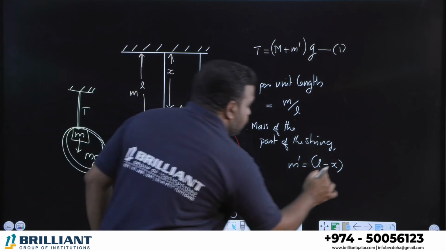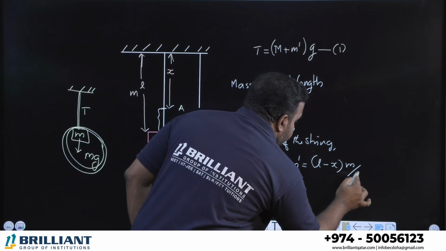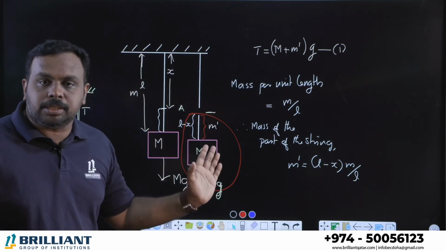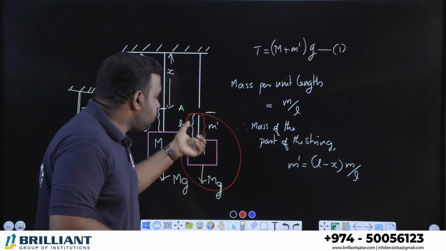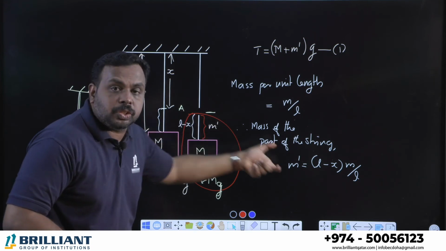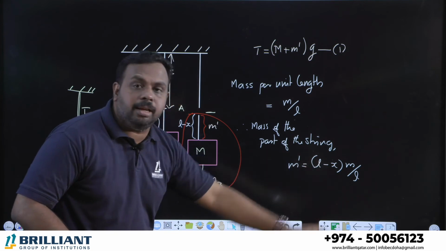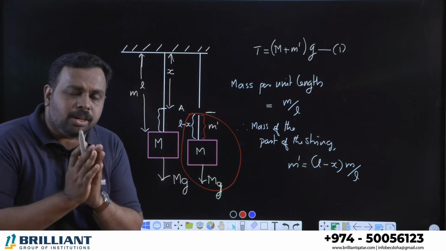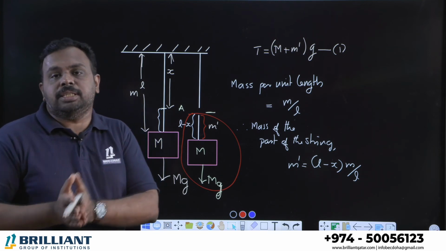What is mass per unit length? Mass per unit length is m by L. That's it. We got the mass of the lower part of the string, m dash, which is equal to L minus x into m by L. Is that clear now? Right. So that is the only complicated step here, how to find the mass of that part.